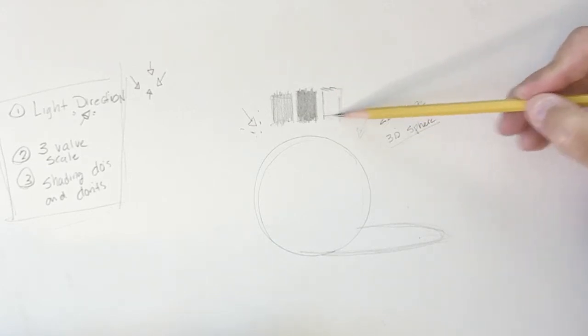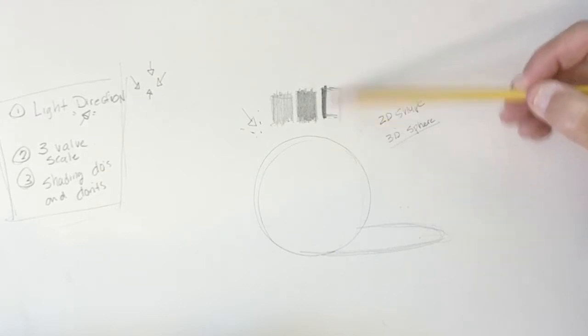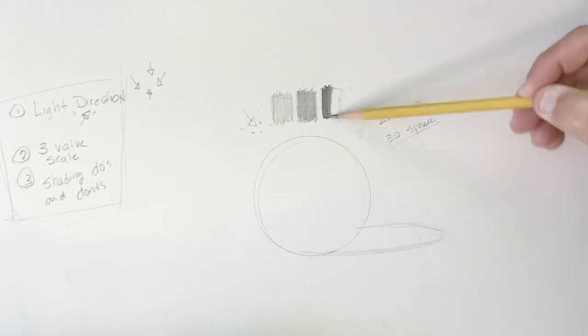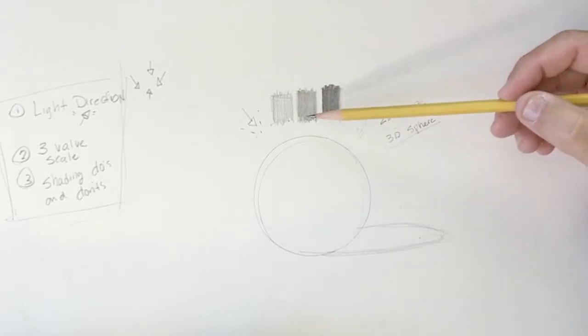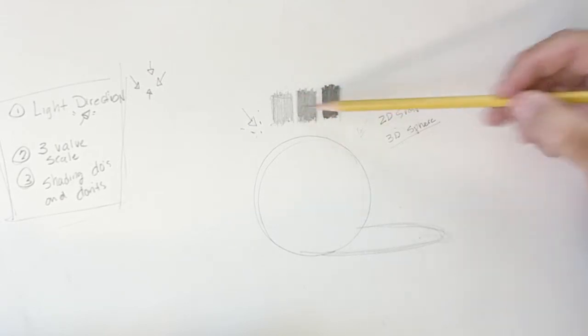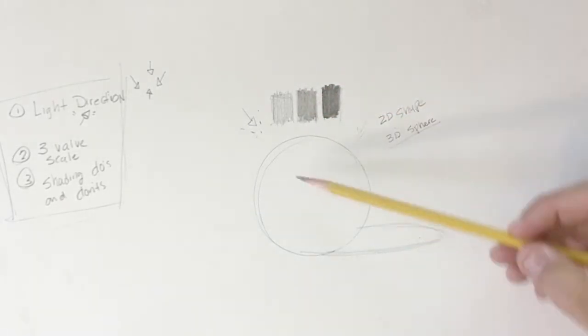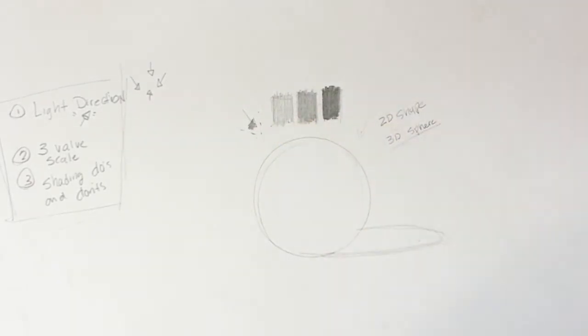Okay, so I'm going to draw another box here. Now I'm going to make my 3rd value really dark, okay? And in the video, you'll see the YouTube video, you'll see how the narrator talks about value, okay? So let's make this 3-dimensional with the light source coming in this way, okay?